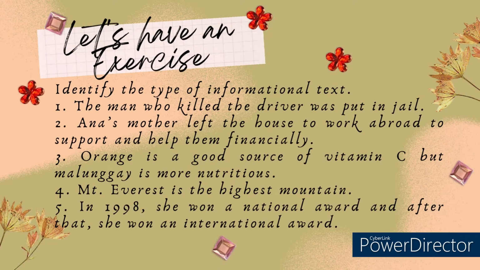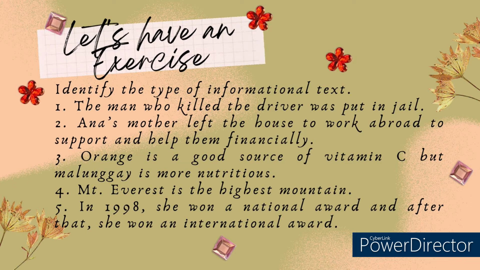Let's have an exercise. Identify the type of informational text. Is it description, problem solution, time order or sequence, comparison and contrast, or cause and effect? Number 1, the man who killed the driver was put in jail.